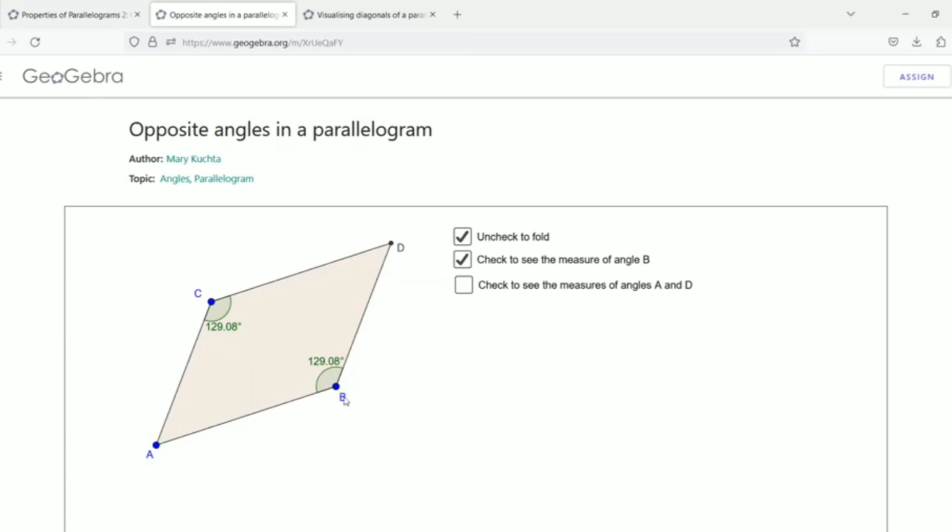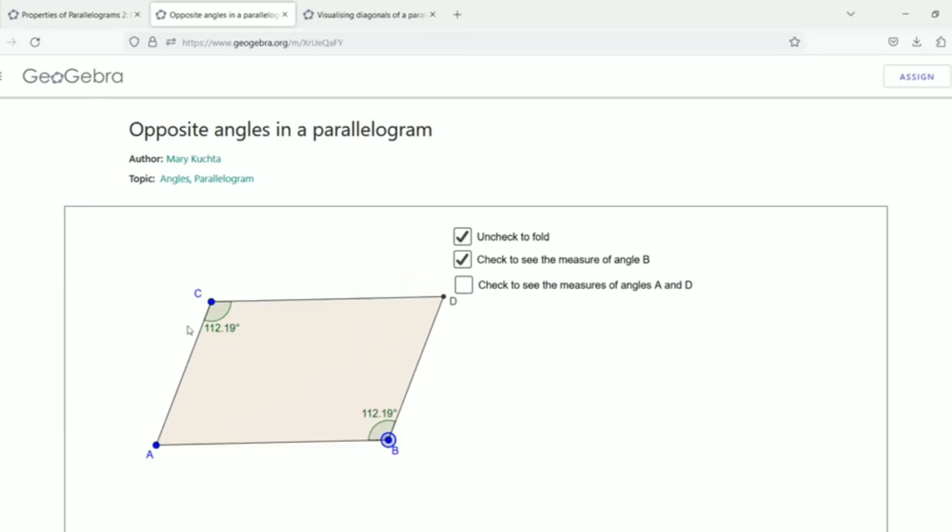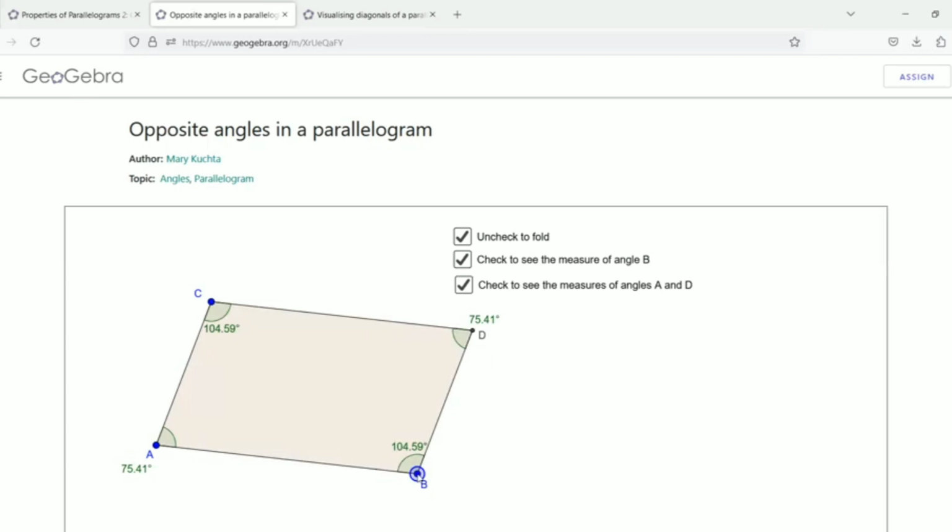Alright, look, now I'll try to change it. So C becomes 112.19. So B also becomes 112.19. Let us check the measures of angle A and D. Angle A is 67.81. Angle D is also 67.81. Now it is 68 and 68. So the opposite sides are congruent, and in this we had seen that the opposite angles are congruent.